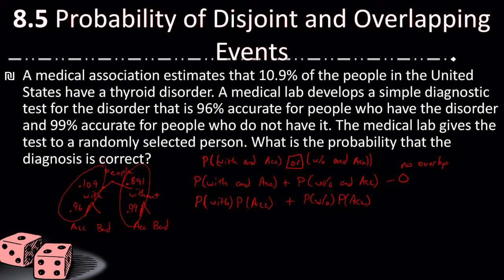So with the disorder is 0.109, and accurate with the disorder is 0.96. Probability that you don't have the disorder, 0.891, and accurate, given that you don't have it, is 0.99. And then you put all that together, and you get 0.987, which is really very accurate.